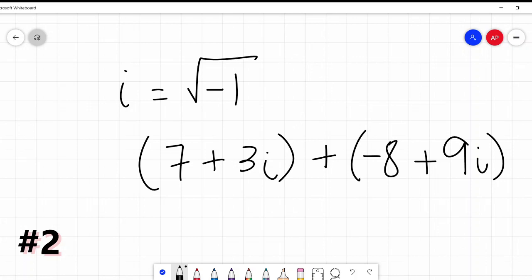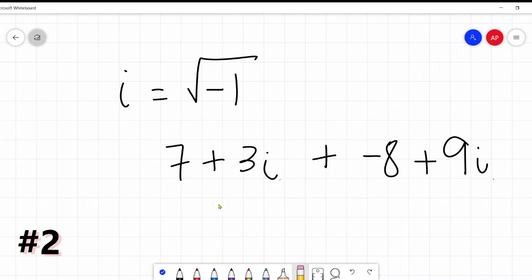This could be any variable, not just a standard like i. It could be just an x, and that would be the same thing. Because we're not doing anything with i as far as multiplication or division, it's just adding. Also, because this is a plus between these two parentheses, not a minus, a multiply, a divide, it's just a plus, it is the same as if these parentheses were not there.